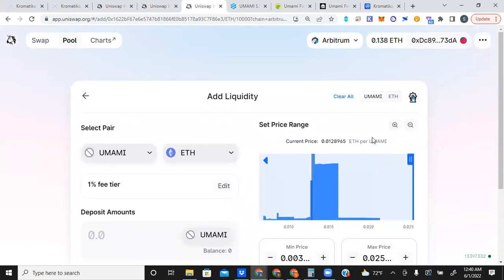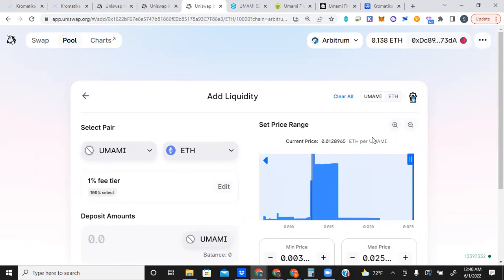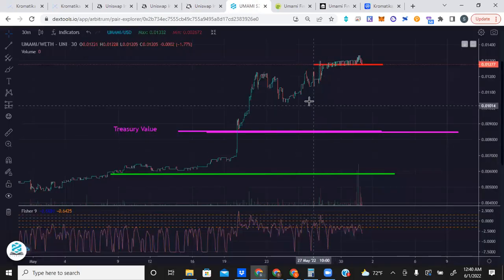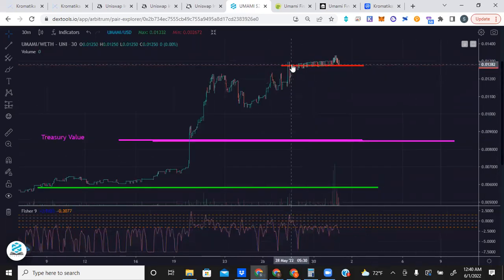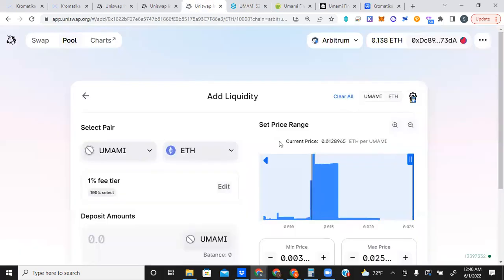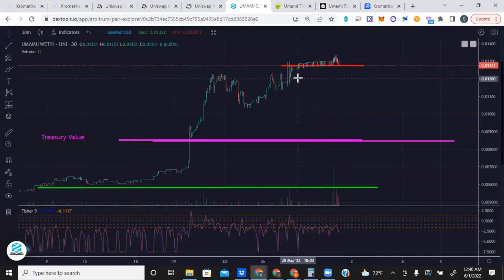It only makes sense to increase the supply so that more buying can come in and, with less slippage, move the price. So that's basically what we've seen over the past couple days since we've implemented this high liquidity range. You can see how this stabilizes on the Umami to Ethereum ratio here.